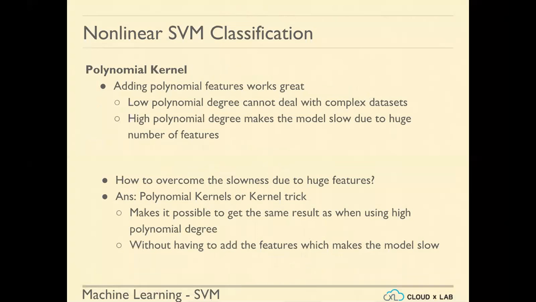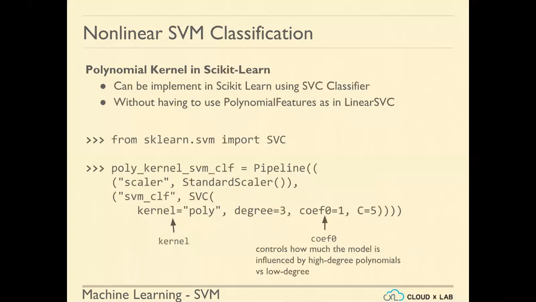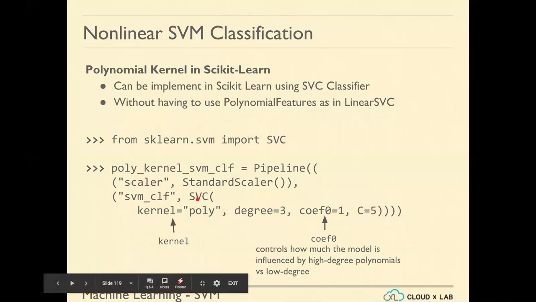So for these situations, we have something called a kernel trick provided by SVC. All we are doing is calling SVC with kernel equals poly, and here we are specifying degree equals 3.